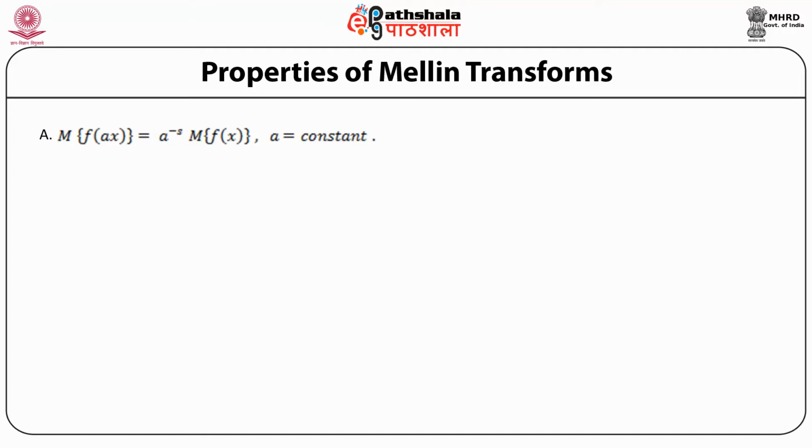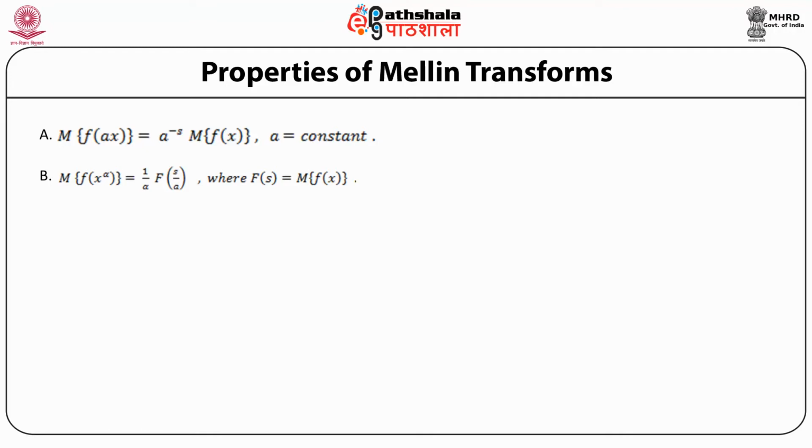The properties of Mellin transforms that we need are: first, the Mellin transform of a function f(ax), where a is a constant, is equal to a to the power minus s into the Mellin transform of the function f(x). The other property is that the Mellin transform of a function f(x to the power alpha) is equal to 1 upon alpha times F(s upon alpha).